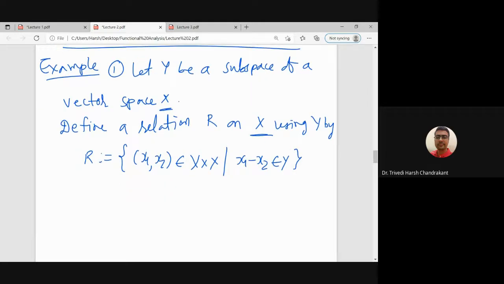We are defining this relation. So clearly R is a subset of X cross X, so that means it is a relation.